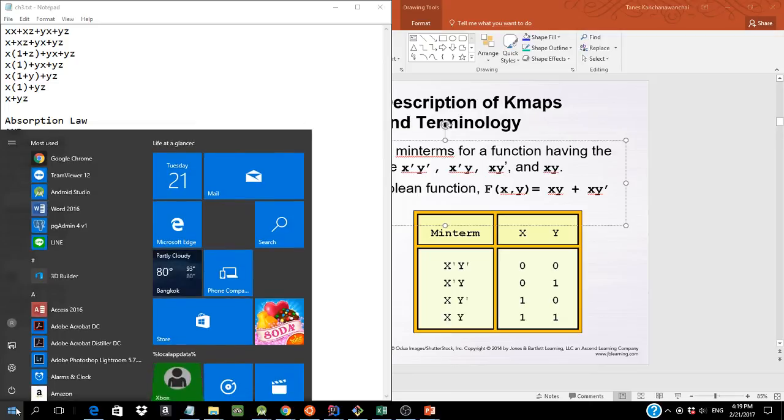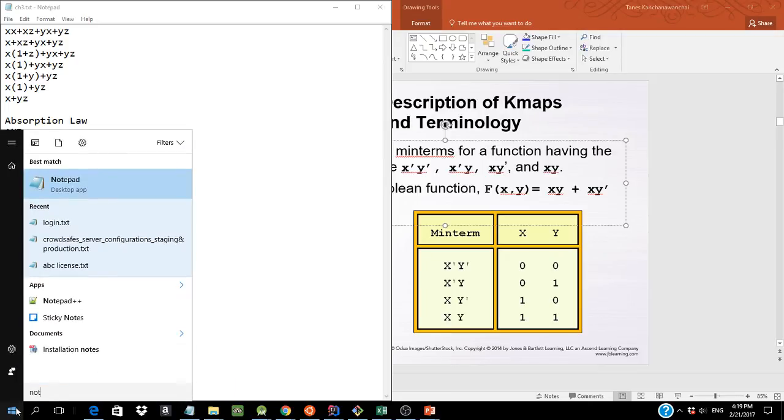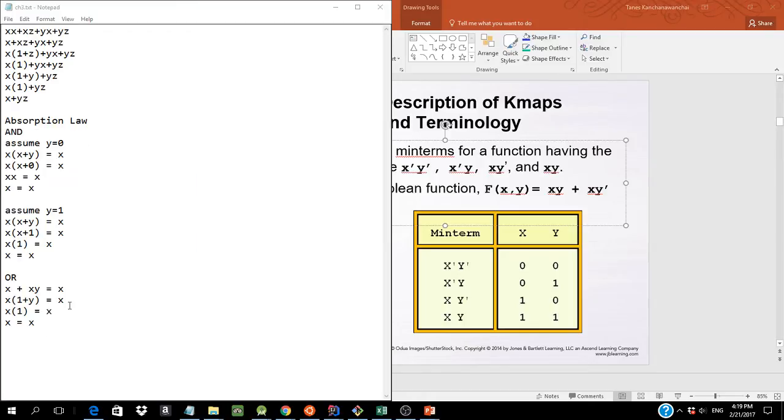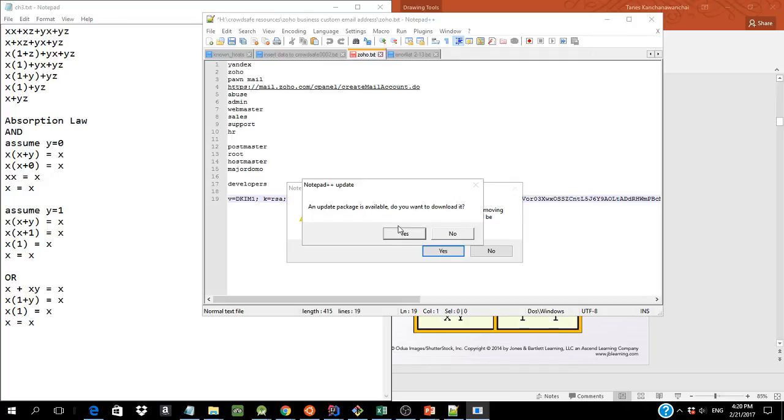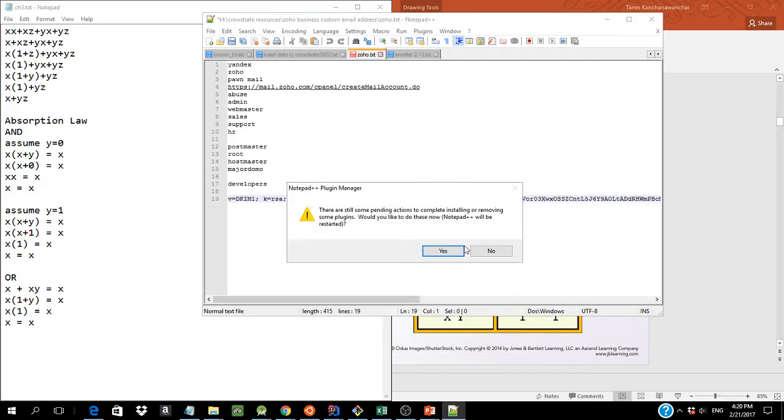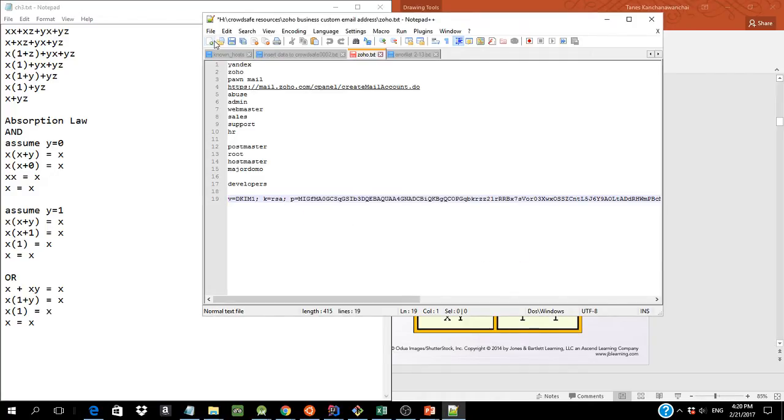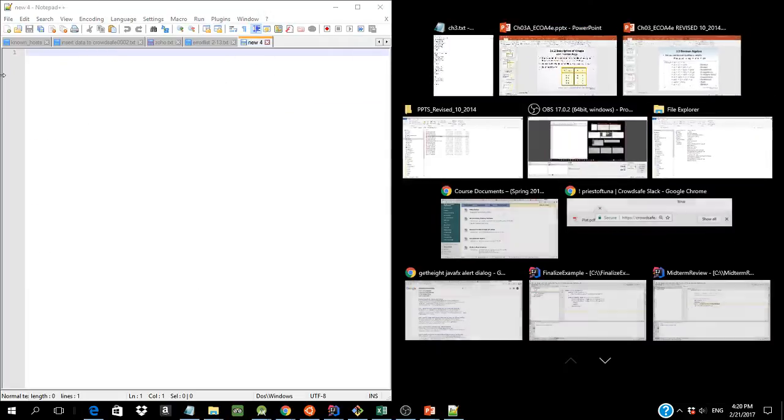Sometimes I prefer to use Notepad++ because it's easier to add new text. Let me bring that up.